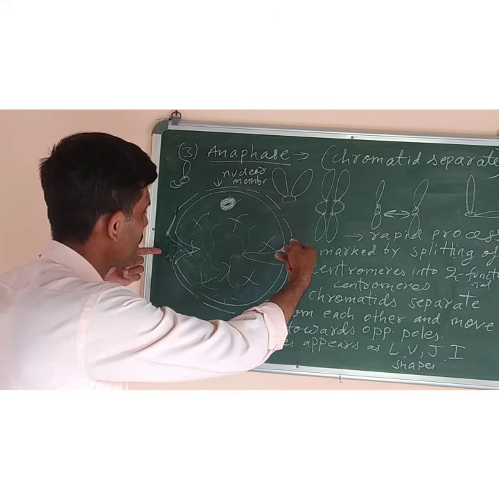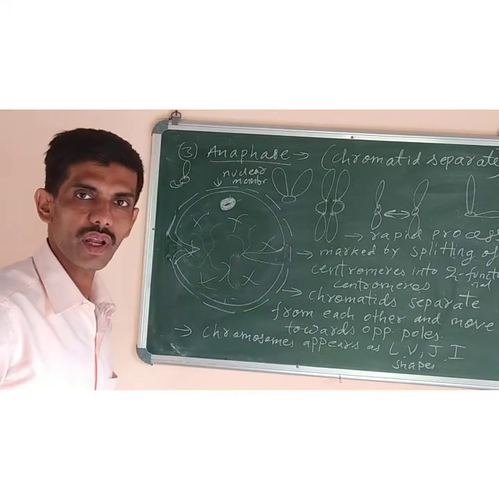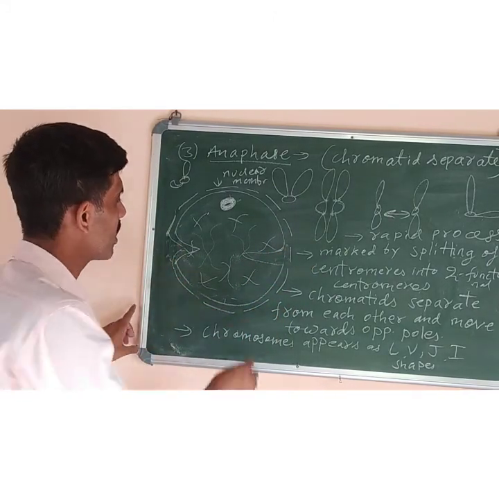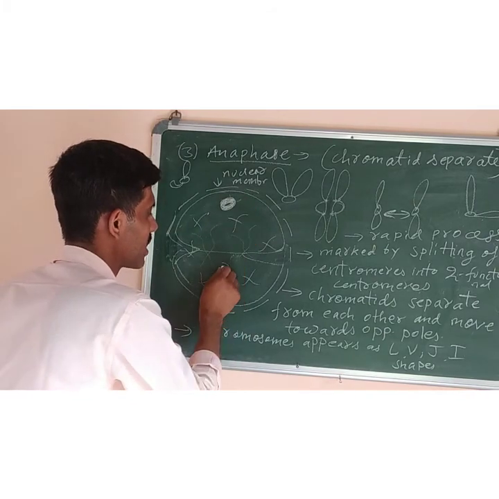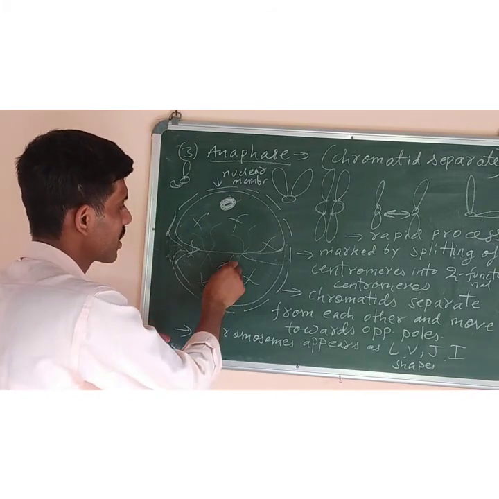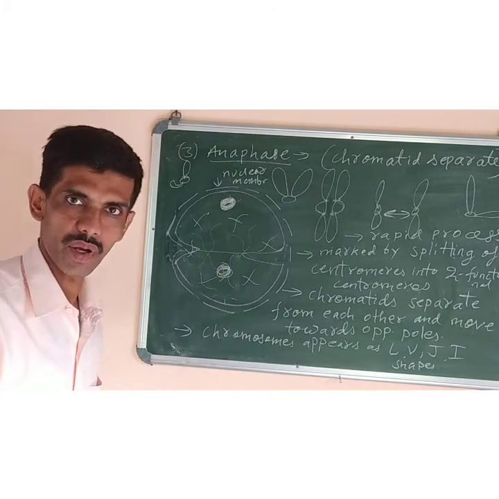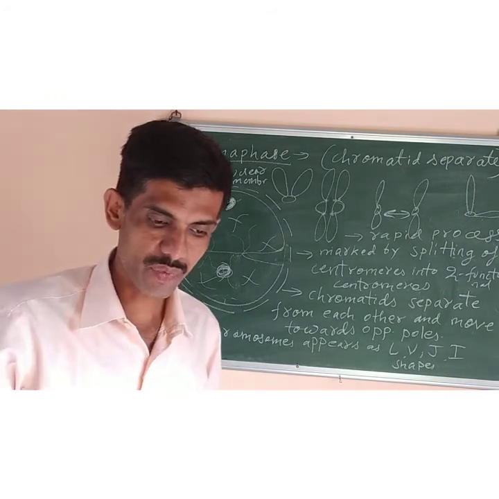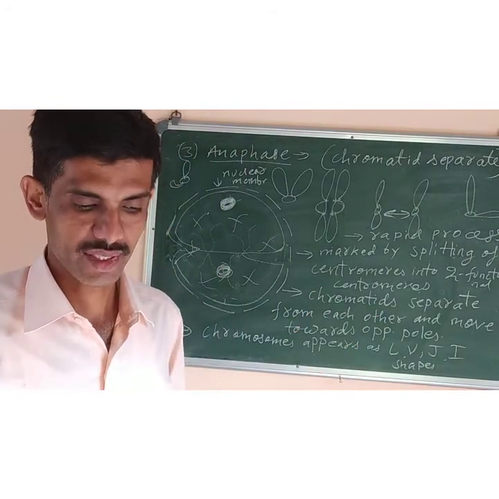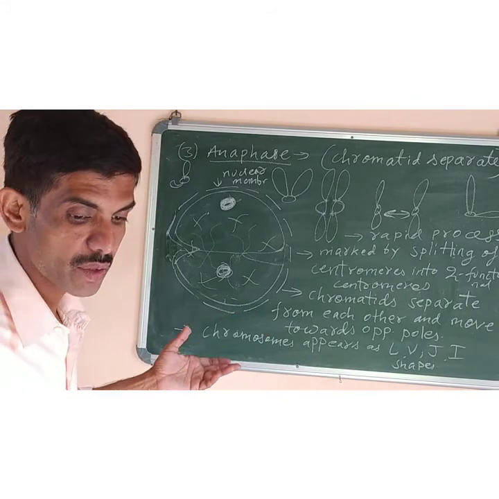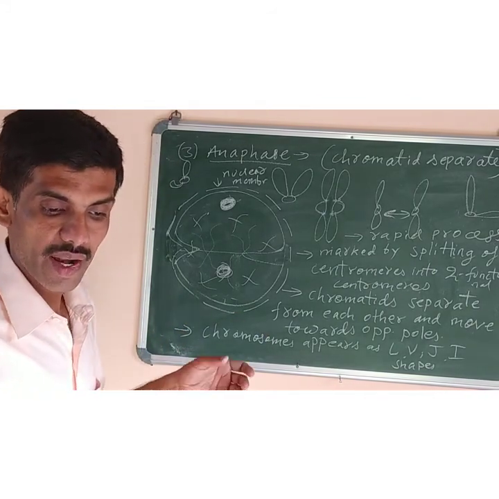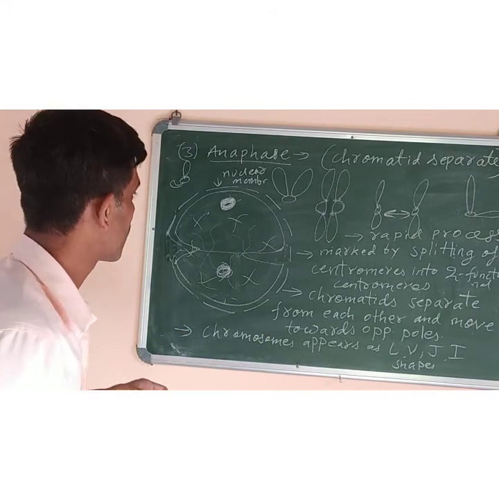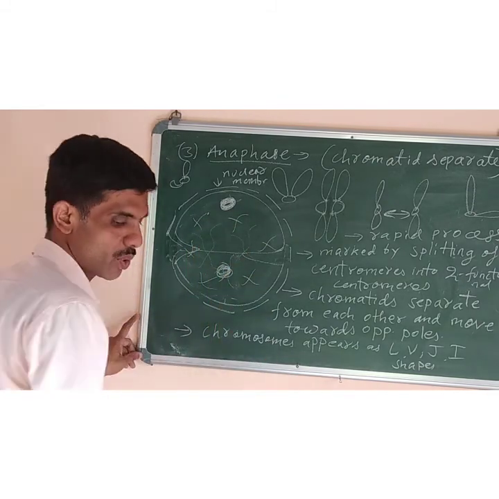In the nuclear membrane, the furrow will divide the nuclear content into two equal parts, and both parts will contain an equal amount of genetic material. So what happens in telophase? The chromosomes relax. The separated chromosomes arrive at the poles. So all the chromosomes will be towards the poles.